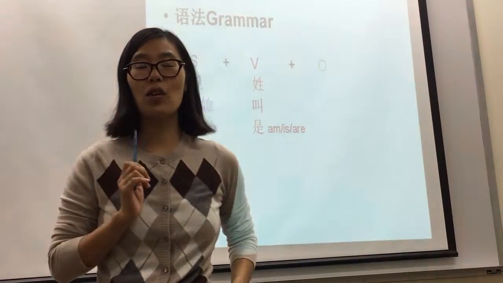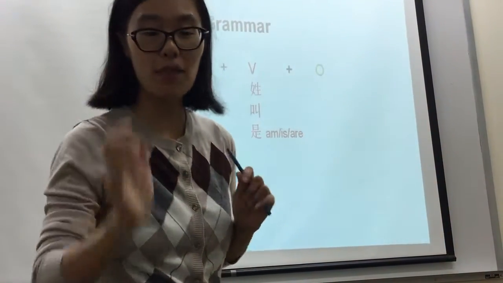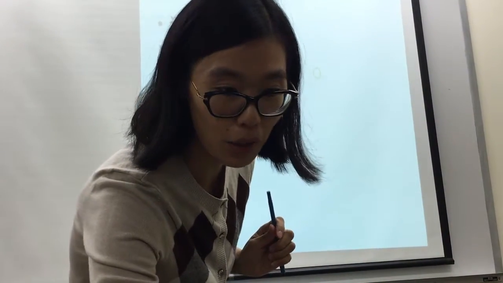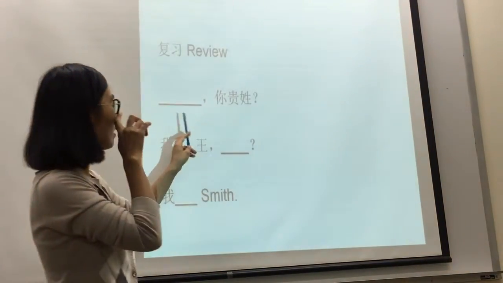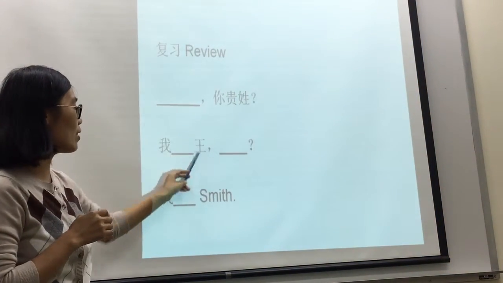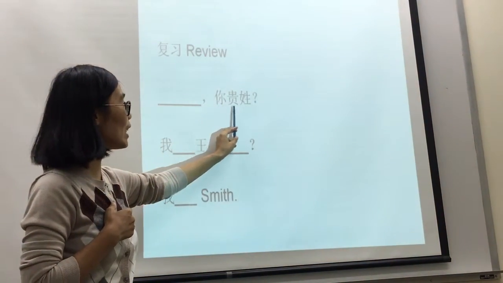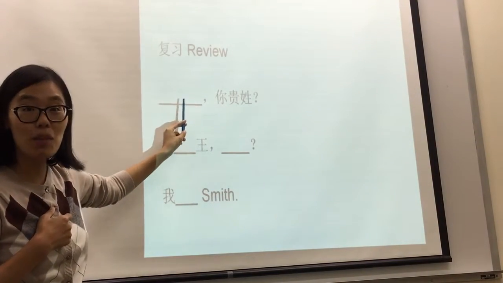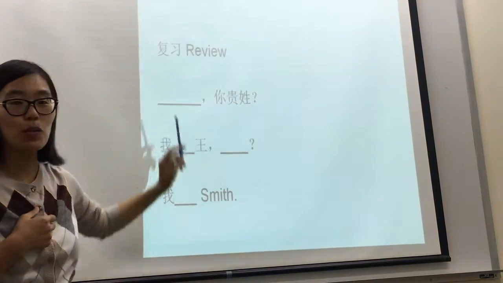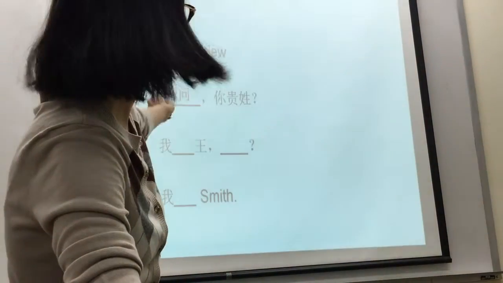Okay, so now let's go to the last part of today's lesson. We're going to have a small quiz for all of you. All Chinese now, no English. Can you fill in the blank here? 能够填空吗? Here, before we ask 你贵姓, what do we usually say? Excuse me, right? So what do we say here? 请问, 请问.